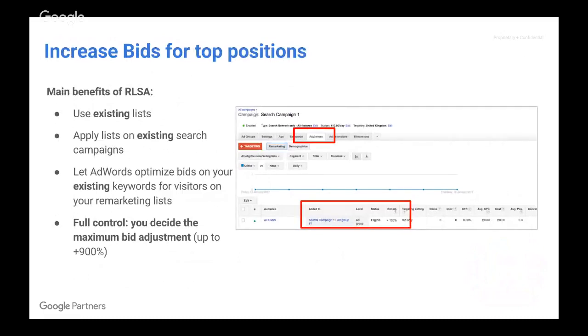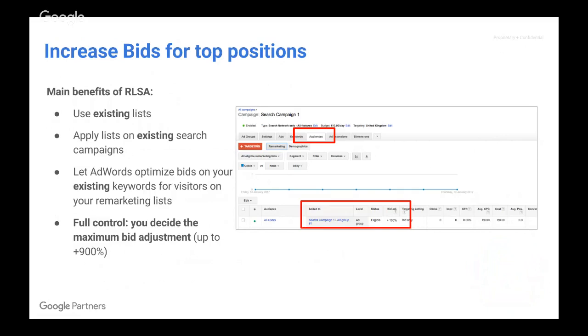If you're using automatic bidding, of course, you don't need to manually change the bids. We will cover this in the next session. But if you're using manual bids, the only way to exploit the full value of RLSA is to increase the RLSA bid adjustment. So what you can do is go in the audiences tab, where you have copied and pasted, for example, your RLSA list, and adjust the bids.